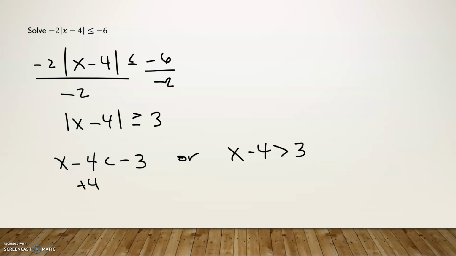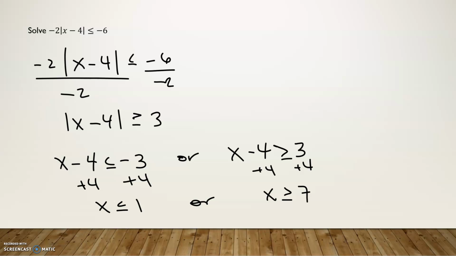Okay, so I'm going to add 4. I'm just going to go across and just add 4. So we got x less than or equal to, that's going to be 1, or we have x greater than or equal to 7.